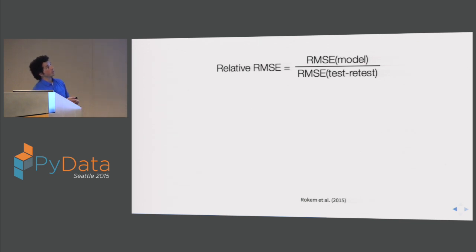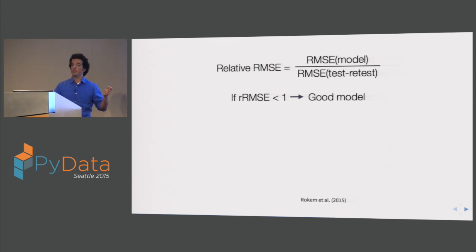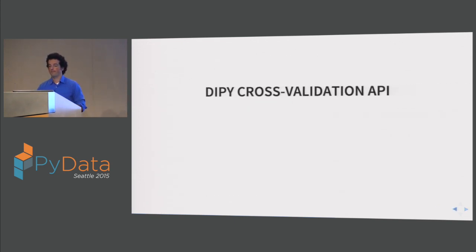This is the root mean squared error of model prediction in cross-validation relative to the root mean squared error of test-retest reliability. If the relative root mean squared error is smaller than 1, that means that model predictions are better than the SNR of the measurement itself, and we consider that a good model. If we manage to reduce the noise further than making another measurement, we consider modeling a worthwhile exercise relative to, for example, making another measurement.